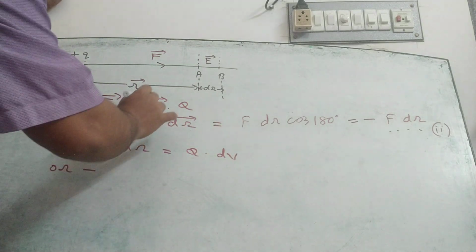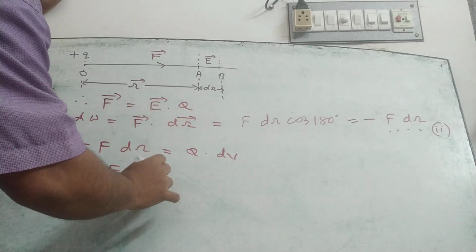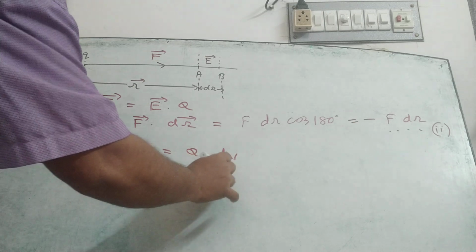We know F is equal to EQ, therefore EQ dr is equal to Q dV.